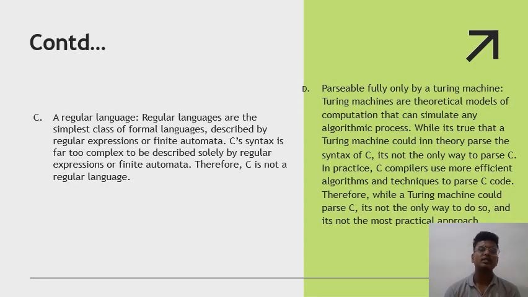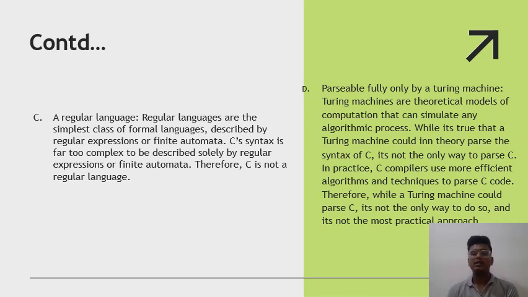The third option is a regular language. Regular languages are the simple class of formal languages described by regular expressions or finite automata. C syntax is far too complex to be described solely by regular expressions or finite automata. Therefore, C is not a regular language. Next, parsable fully only by a Turing machine. Turing machines are theoretical models of computation that can simulate any algorithmic process.